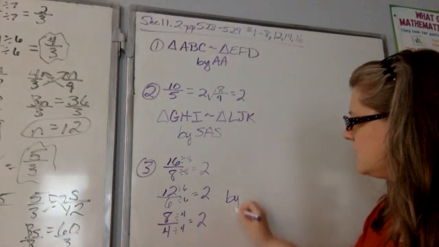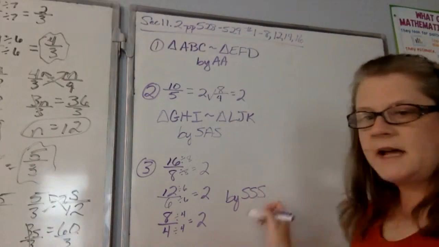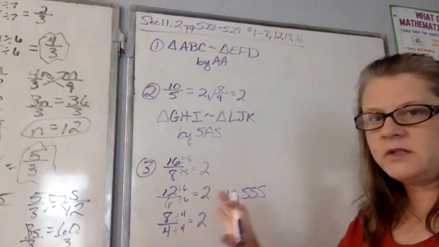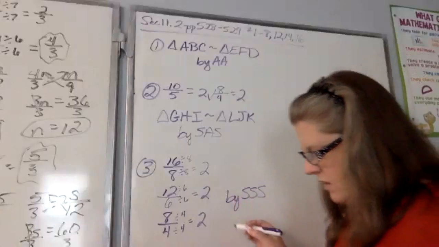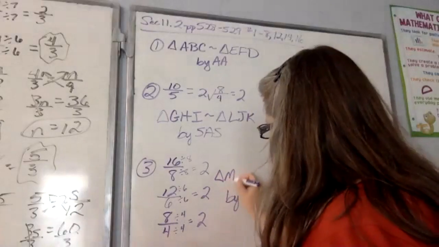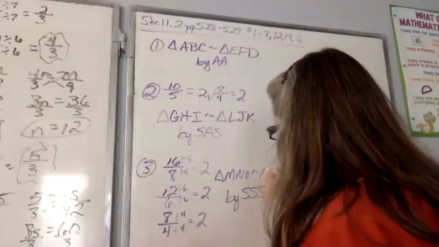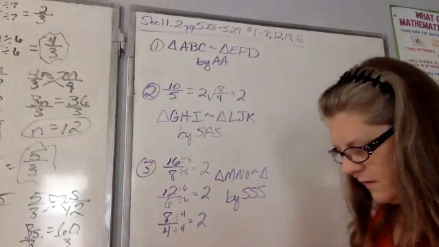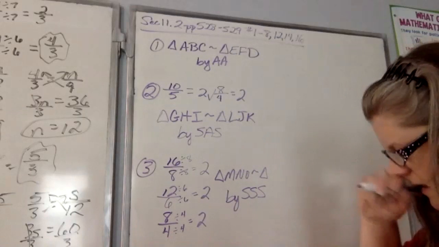So then I can say the triangles are similar by side, side, side, because all three pairs of sides have the same ratio. So I'm going to say triangle MNO is similar to triangle. So I got to be careful here.